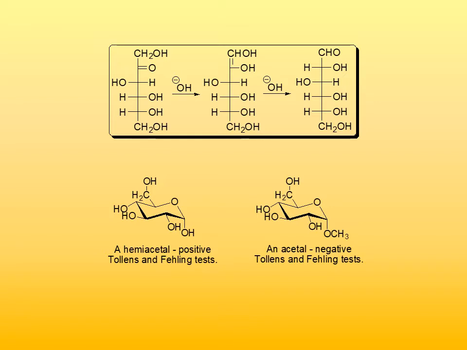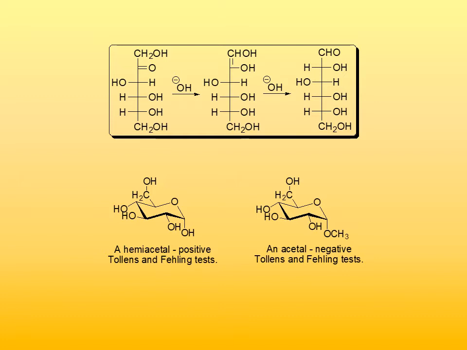Since most of the pentoses and hexoses are in cyclic form, in the form of either hemiacetal or hemiketal in aqueous solution, they need to be converted to a glucoside, so that the hemiacetal or hemiketal is converted to an acetal or ketal. That's what a glucoside is.